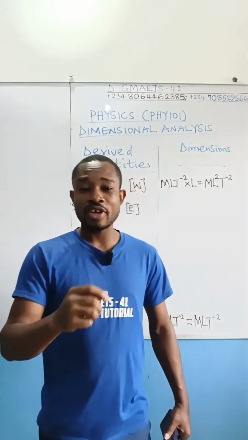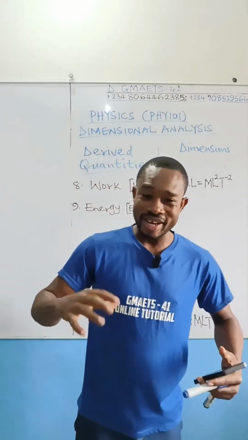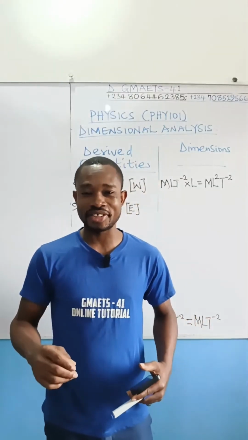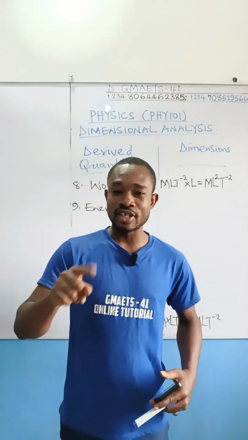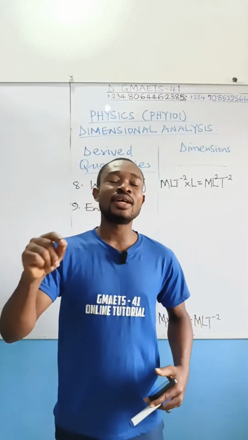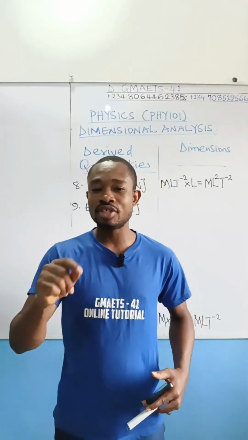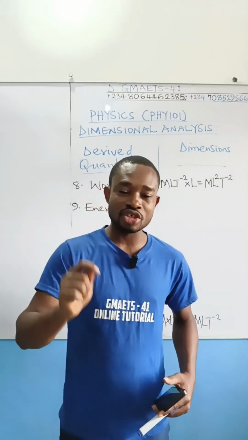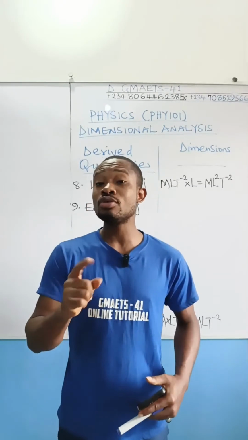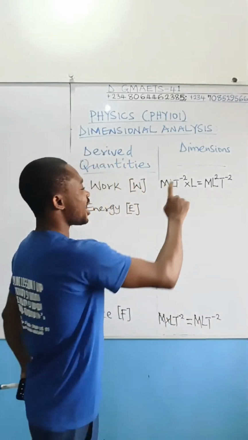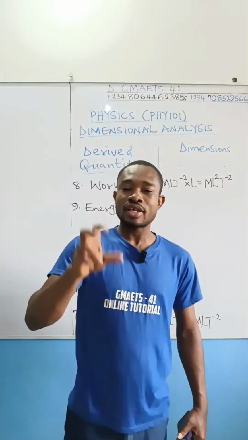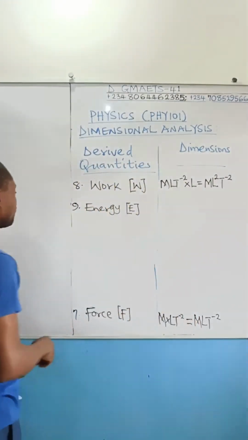This mechanical energy is divided into kinetic and potential energy, where kinetic energy is 1/2 mv squared and potential energy is mgh. You can use any one of them to get the dimension of energy, and when you do so, you will still get M L squared T raised to the power minus 2. Energy and work have the same dimension. Let me quickly prove it for you here.